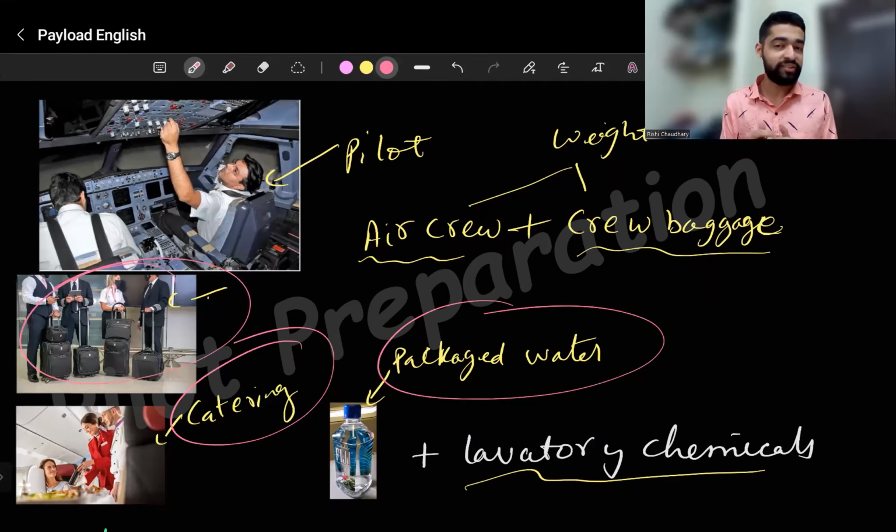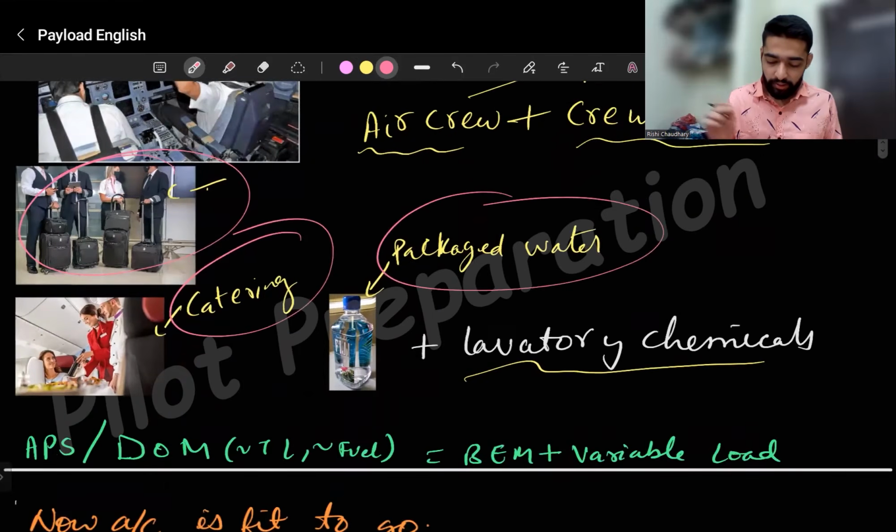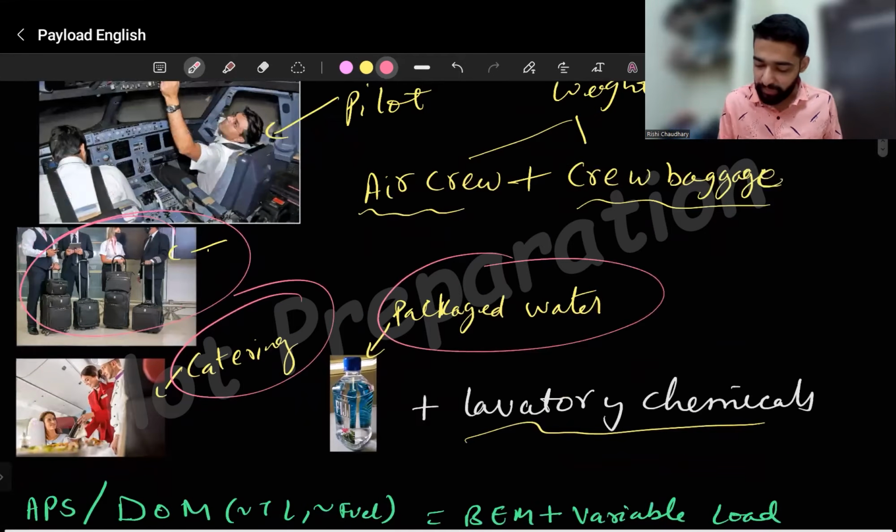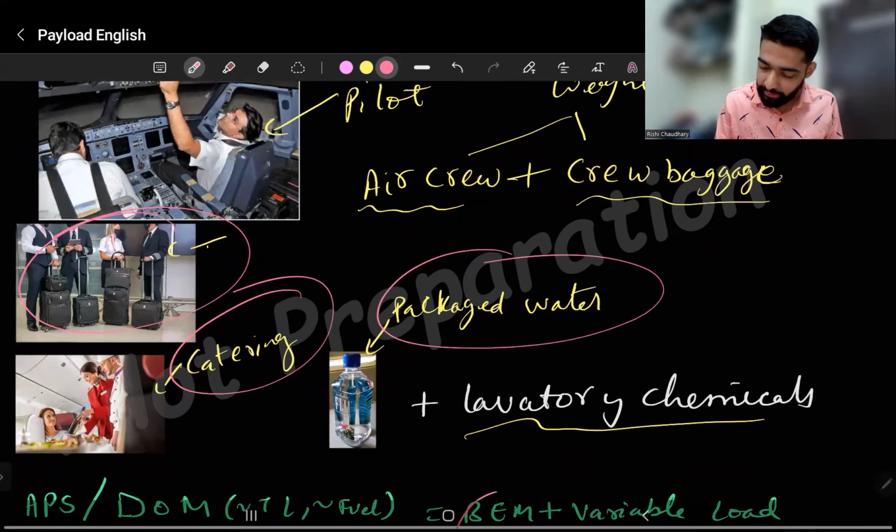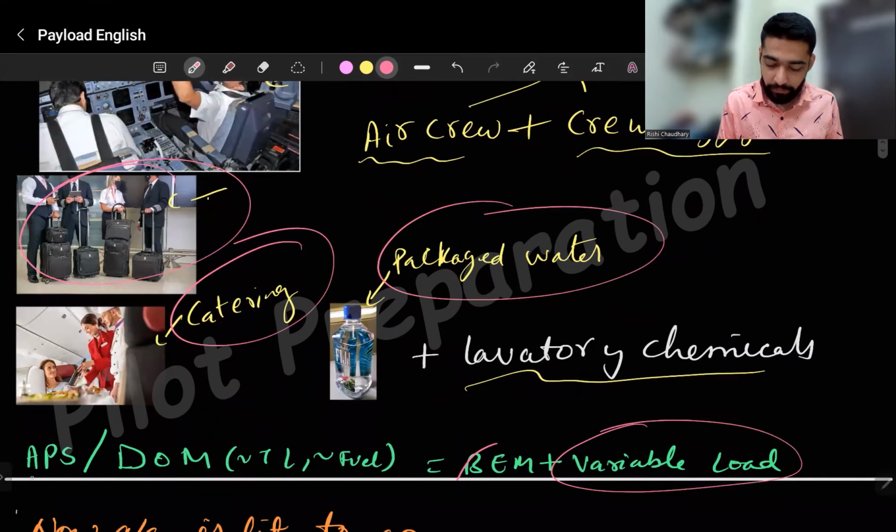This is not constant. So this type of load is also called variable load, because it changes from destination to destination. So now we have this total: basic empty mass plus variable load is called aircraft prepared for service or dry operating mass. Basic empty mass is the mass of the aircraft and fire extinguisher, pyrotechnic and that sort of thing, plus variable load.